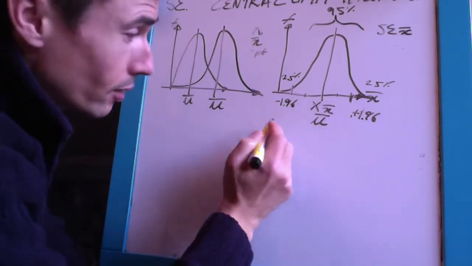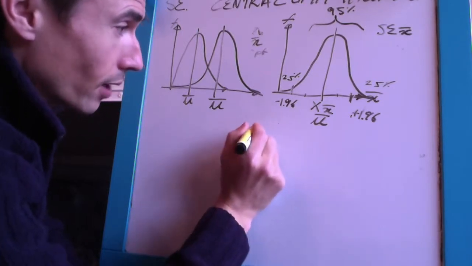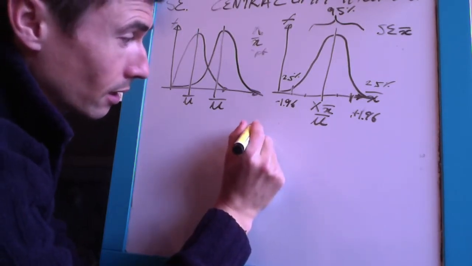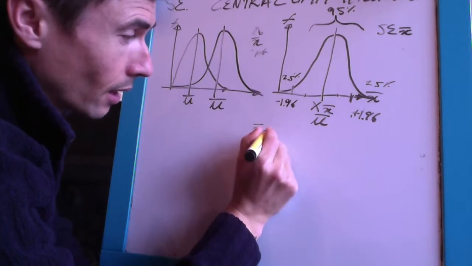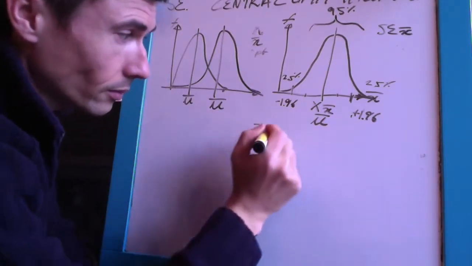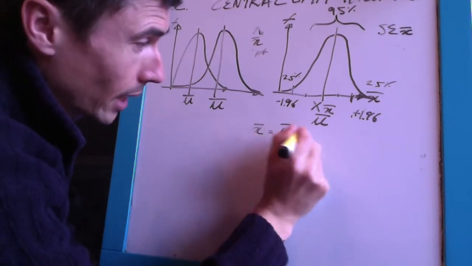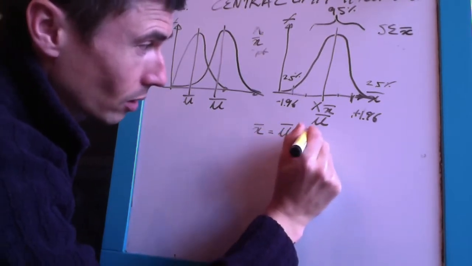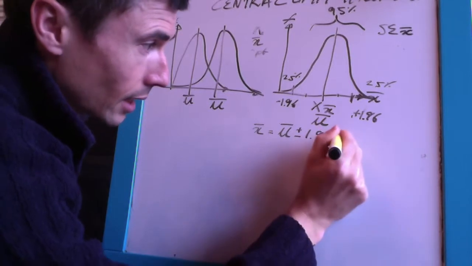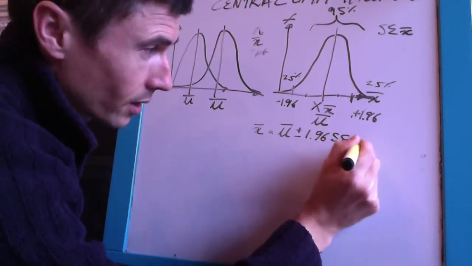So just to denote that, what we're saying is that any sample mean from that population is going to fall within a range of our population mean plus or minus 1.96 times the standard error of the sample mean.